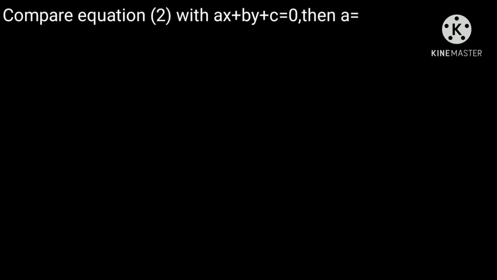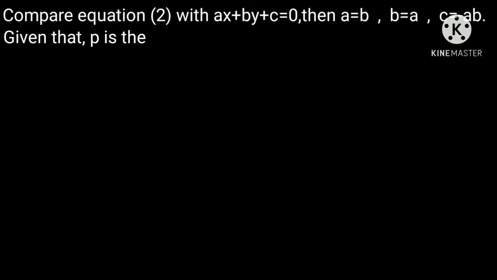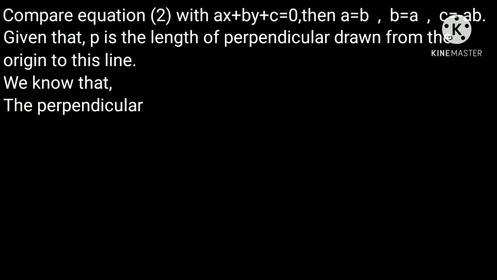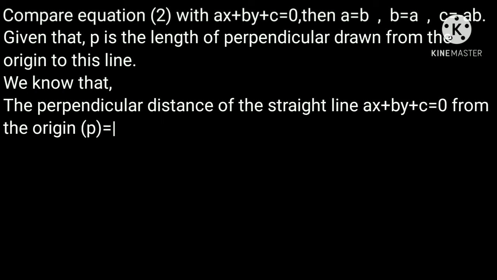Compare equation number 2 with Ax plus By plus C equal to 0, then A equal to B, B equal to A, C equal to minus AB. Given that small p is the perpendicular distance drawn from the origin to the line. We know that the perpendicular distance of the straight line Ax plus By plus C equal to 0 from the origin is small p equal to mod C by square root of A square plus B square.